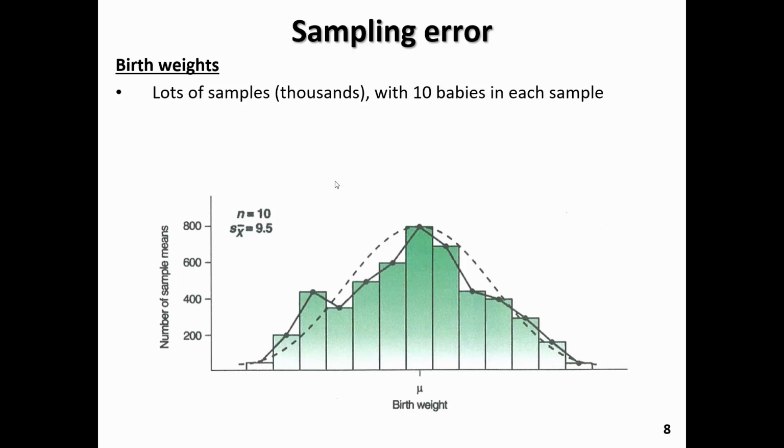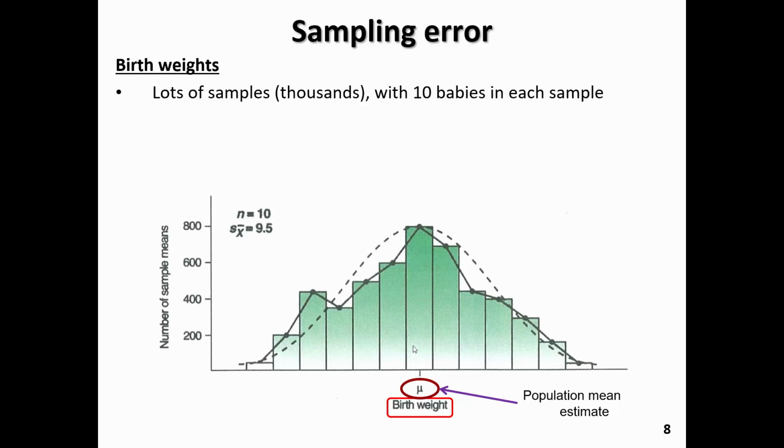Once we do that, along the bottom distribution, what we see here is that we are examining the distribution of the averages of each sample, not the individual babies per se. Recall that when we have a frequency distribution, our key outcome variable, in this case birth weight, is placed along the x-axis, where mu represents the population average or the population mean.